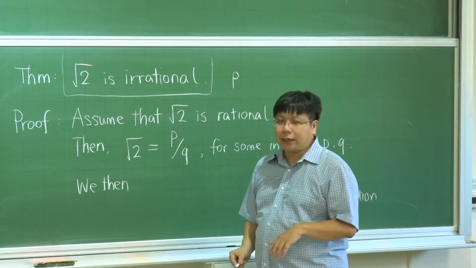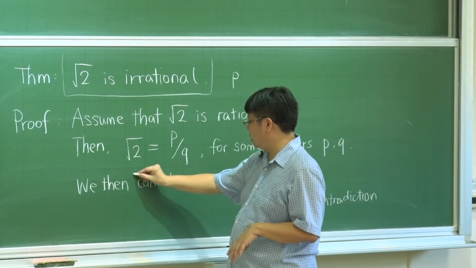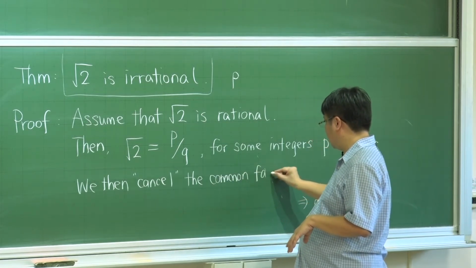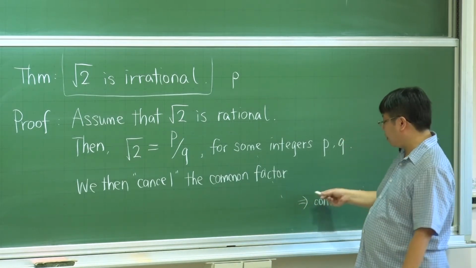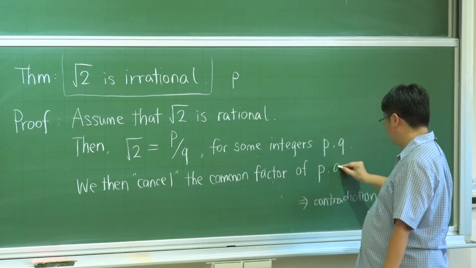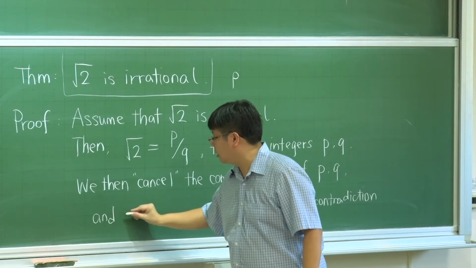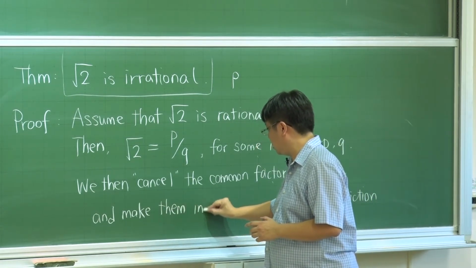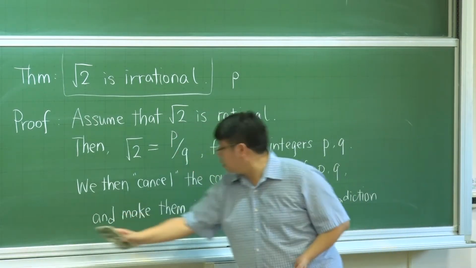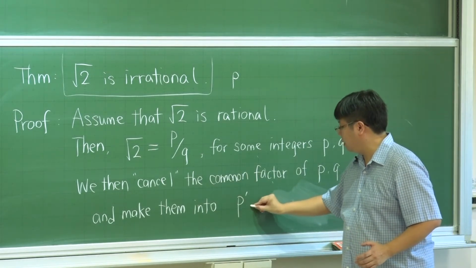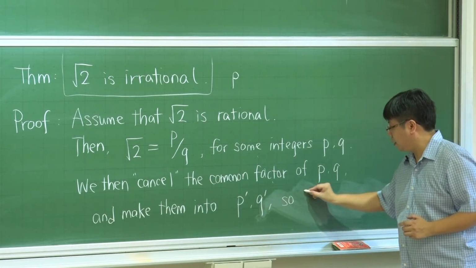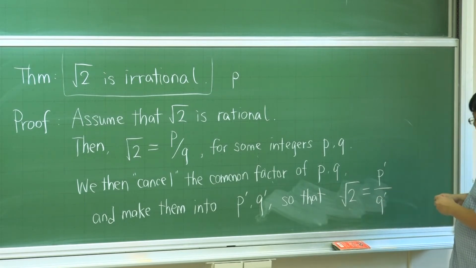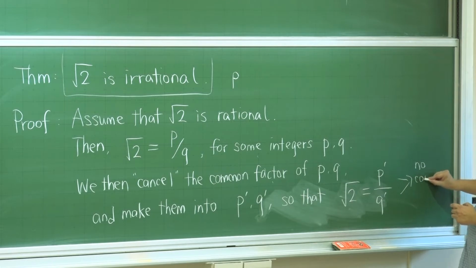So what we are going to do is cancel the common factor of P and Q, and make them into P prime and Q prime, so that square root 2 is equal to P prime over Q prime, and these two don't have any common factor. So let me write this down.